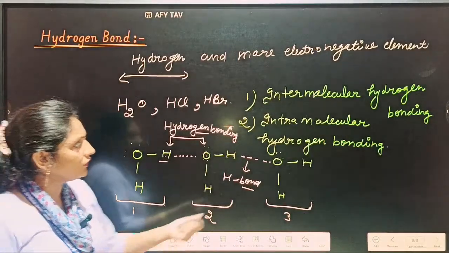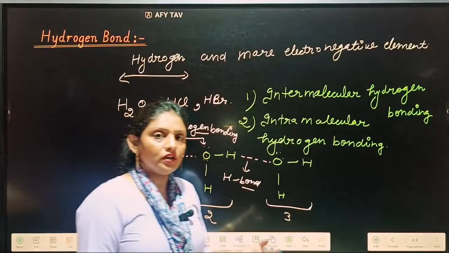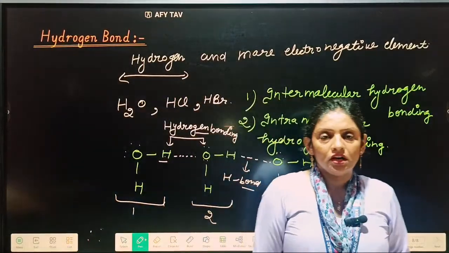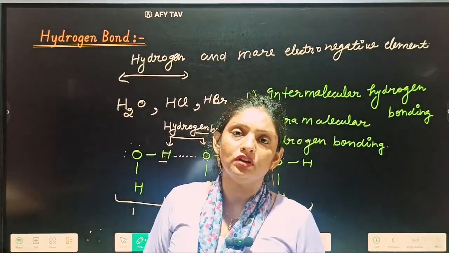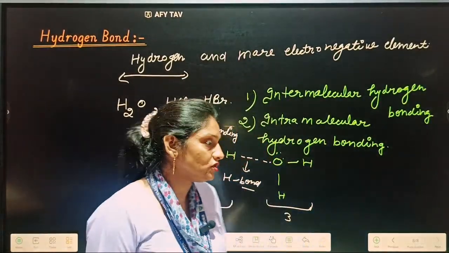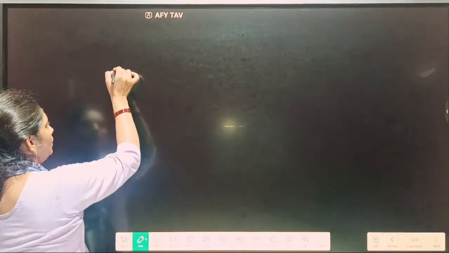Then, students, if I talk about intramolecular hydrogen bonding, it is when hydrogen bonding takes place in the same molecule, in the same compound. Like, students, you can take an example: 2-nitrophenol.